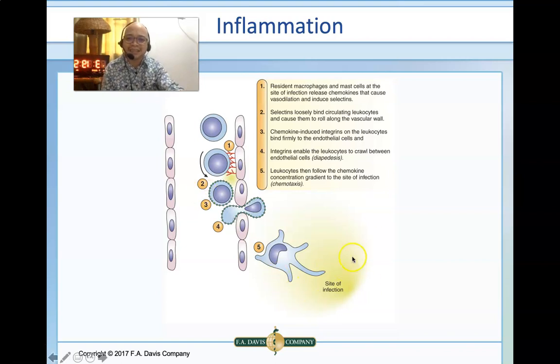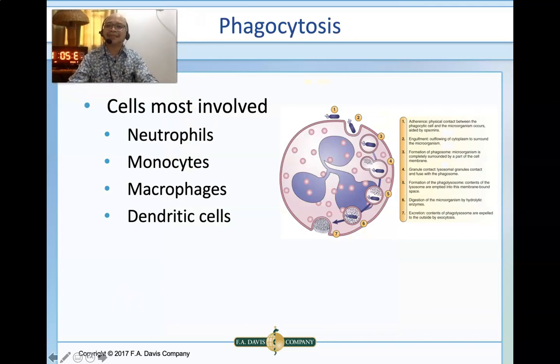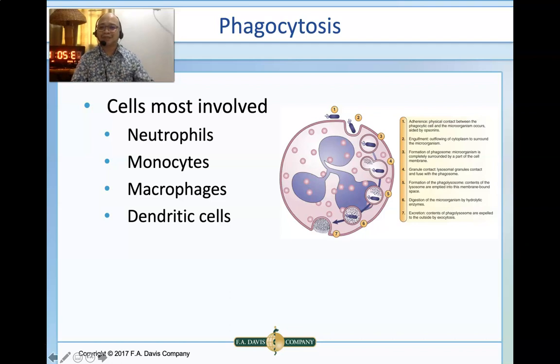And they can easily go to the site of injury. That's the reason why whenever you're inflamed, you'll see pus, meaning many WBCs. Pus, or in Tagalog we call it nana, means that many WBCs have gone through that particular site of injury or inflammation. Most of the time, the cells involved in phagocytosis are neutrophils, monocytes, macrophages, and dendritic cells.